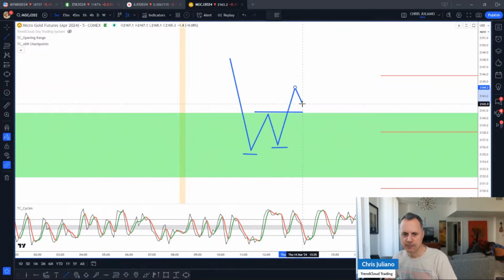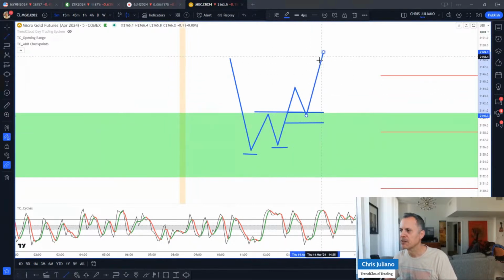That's aggressive. The more conservative is you wait for this break of structure and then you take, you know, the demand zone that's formed here to the upside. All right. So the aggressive trade is to take it right at the break of that structure.